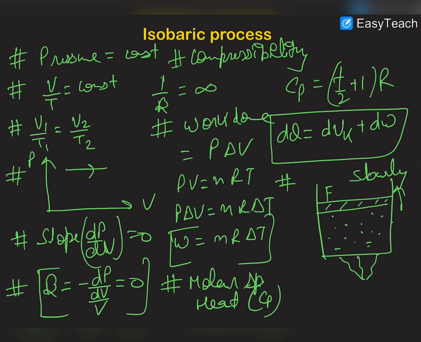Then we can say that net force on piston is 0, and the force on the piston from the atmosphere is equal to the pressure of the gas. Pressure of atmosphere is constant throughout, so in the complete movement of this piston, this gas has a constant pressure, and this is an isobaric process.